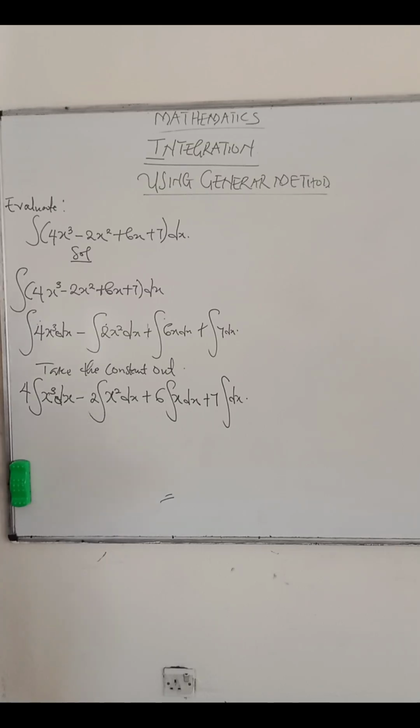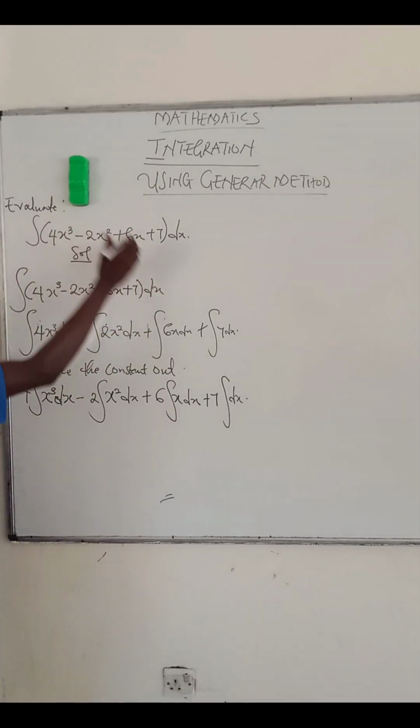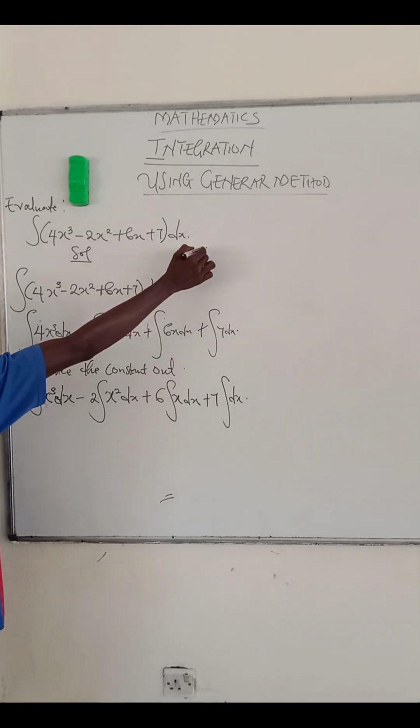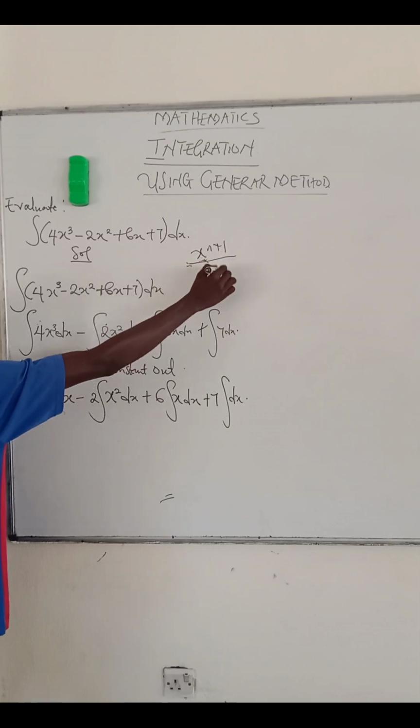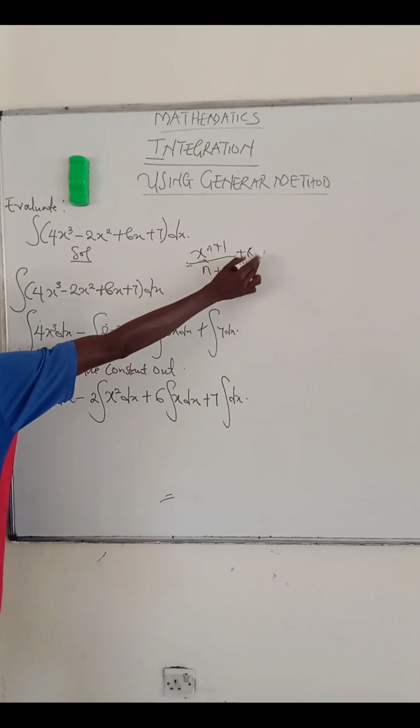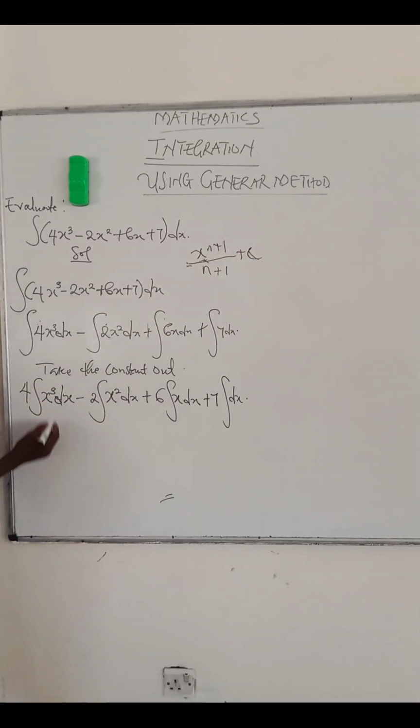Since you have taken the constant out, you have to integrate. So what is the next step? Using the integration method, we say s raised to power m plus 1 over m plus 1, plus c, which is the constant.